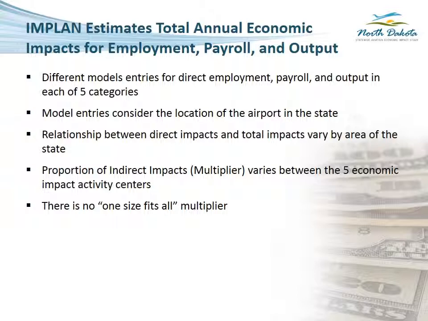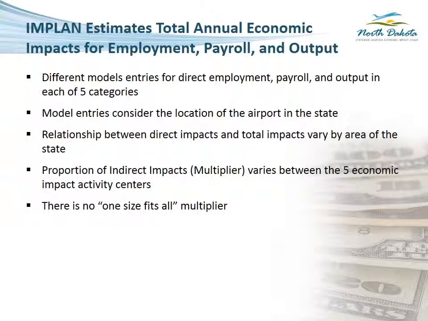For instance, within the visitor spending category, there is a more positive correlation, or in other words, a higher multiplier, between direct spending in restaurants than there is for spending in the retail category. In the restaurant category, more goods and services to supply these businesses have more likely come from within North Dakota. In the retail sector, most items purchased have been manufactured outside the state, and more likely, even outside the country.